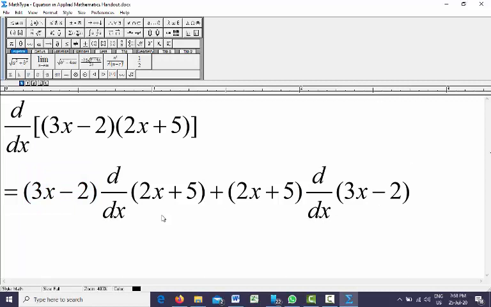So first we have chosen to keep this one behind d by dx, and we have chosen this one to use in front of d by dx.